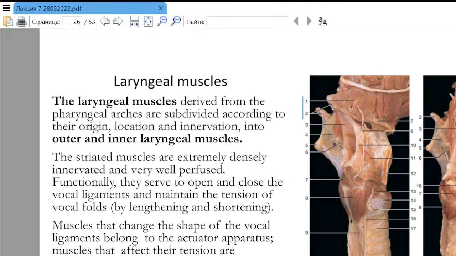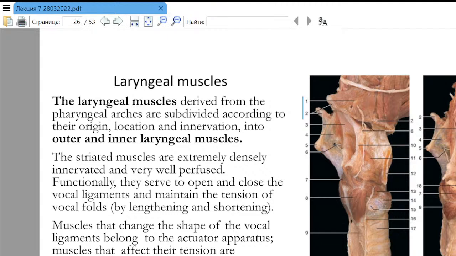Functionally, they serve to open and close the vocal ligaments and maintain the tension of the vocal fold. Muscles that change the shape of the vocal ligaments belong to the actuating apparatus. Muscles that affect their tension are collectively called the tension apparatus.